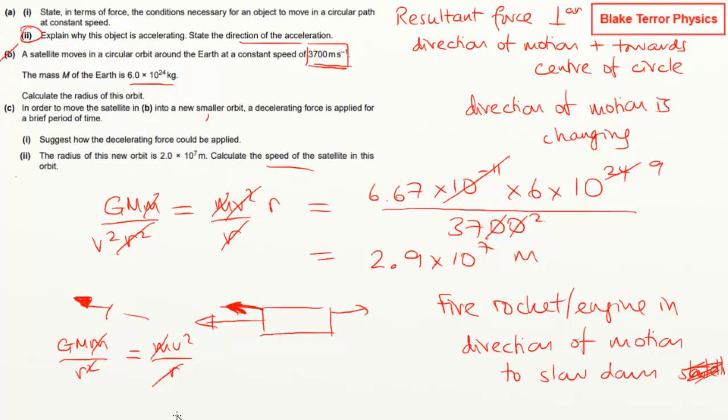6.67 times 6, divided by, what's the r? 2. So v squared, that gives us 20. We've got a 24, we've got a minus 11, so that's 13. And then that 10 to the 7 on the bottom gives us 10 to the 6.